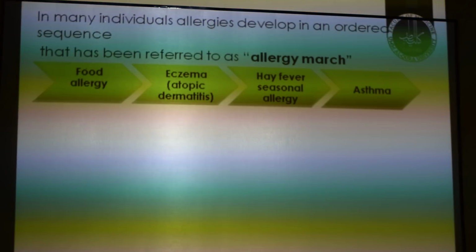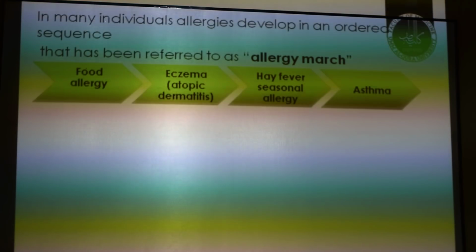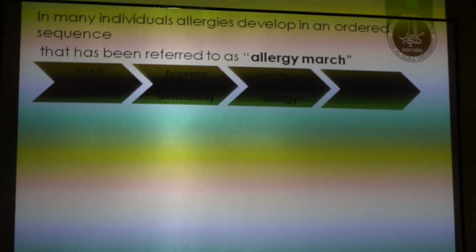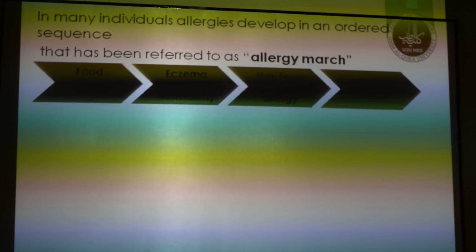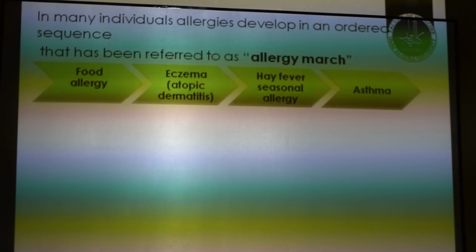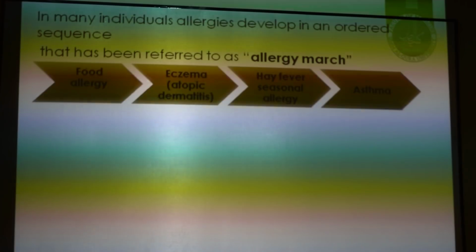Just remember that when you come across patients who are little and have started to have food allergies, there is a possibility that they will develop all of these one by one, or any one of them, in future. So later on the patient can have hay fever, or may develop into an asthma patient.